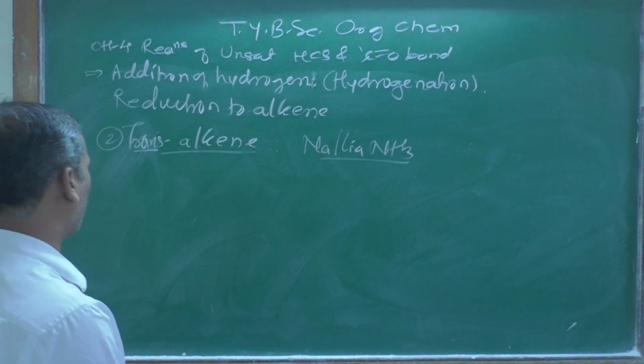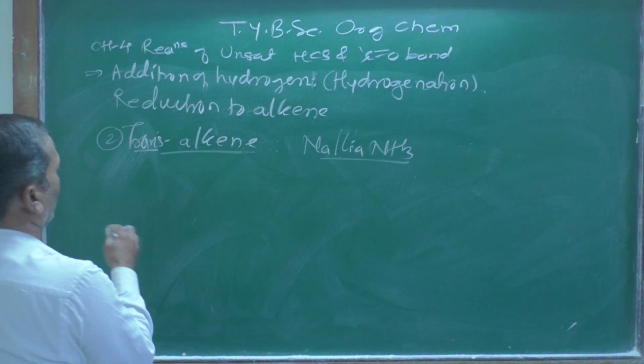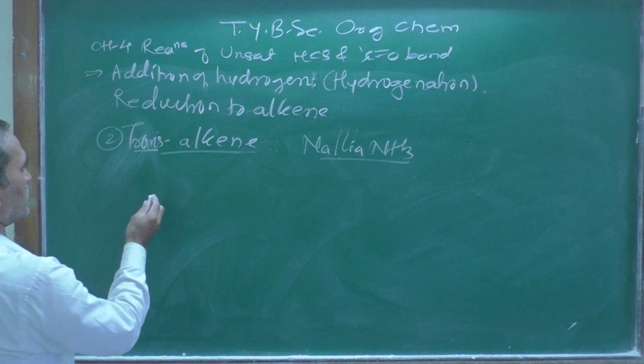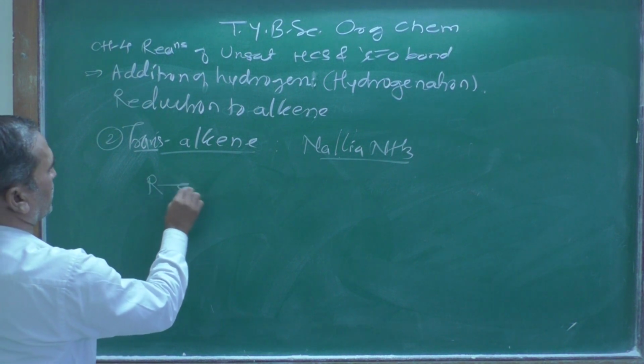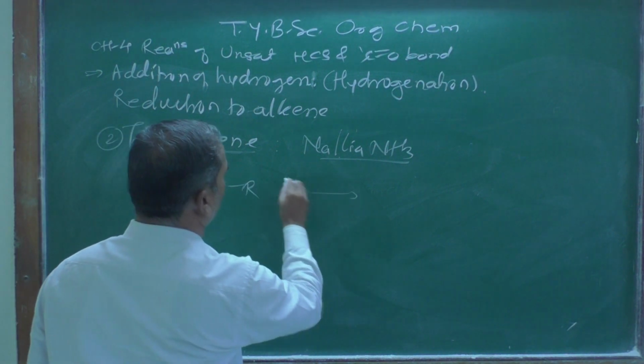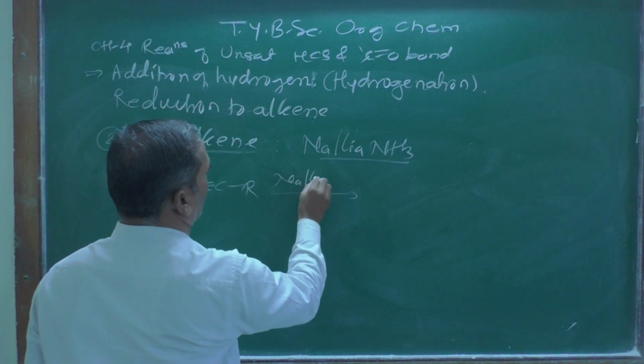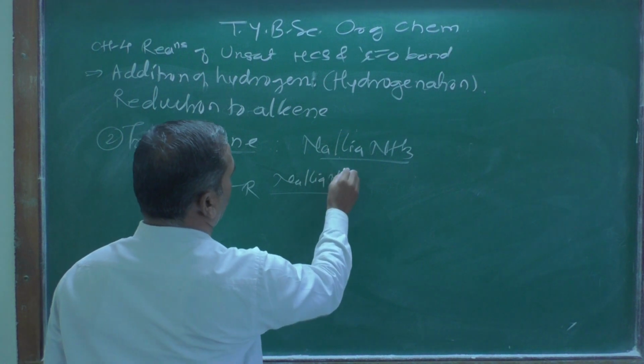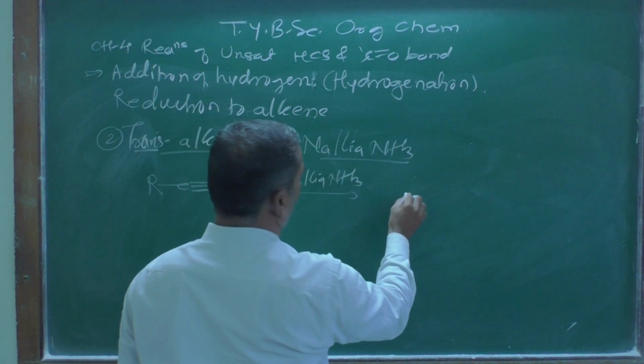What do you get over here? The product is like this: non-terminal again, R, C triple bond C, R, treated with sodium in the presence of liquid ammonia NH3. What do you get over here?